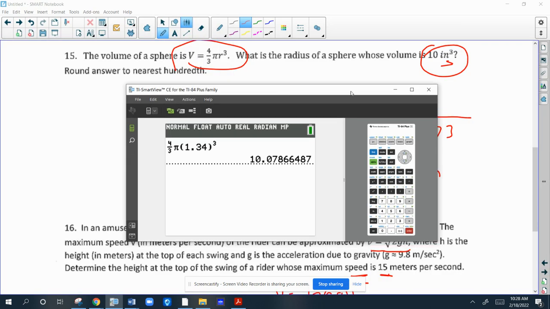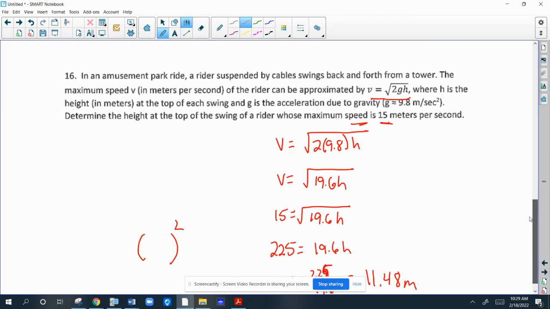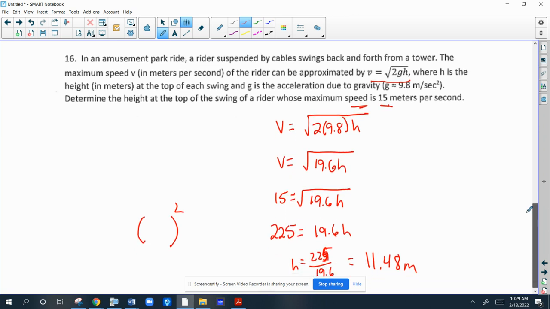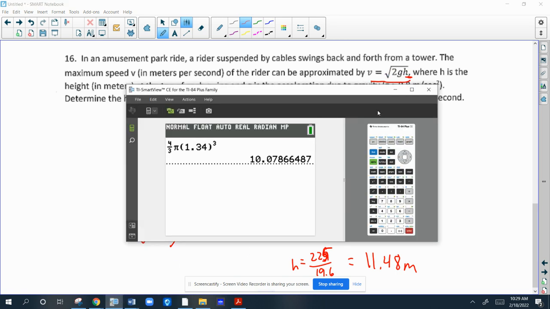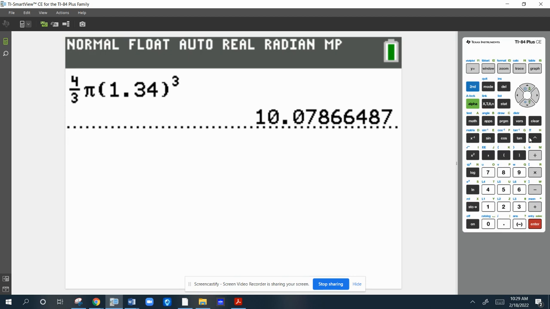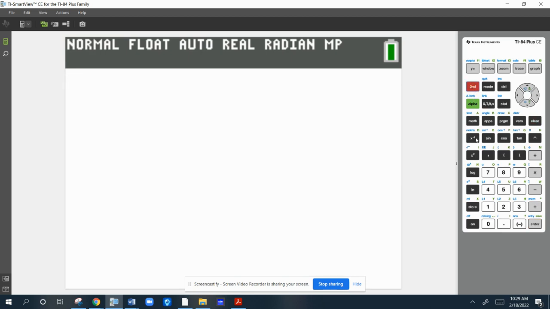The very last thing I'm going to check is the last one, because the last one you check the same way. We got our answer 11.48. I'm going to plug that in for H. And then we'll see what V turns out to be. V should be 15. So we're going to type in the square root of 2GH. So the square root of 2 times G. Remember, they said G was 9.8.